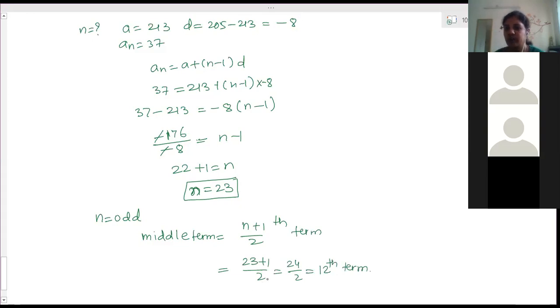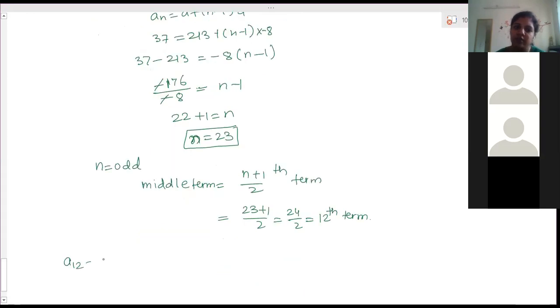You have to calculate the 12th term. a12 is equal to a plus 11d. a is 213, plus 11 into minus 8, so 213 minus 88. What is the difference? 125. So the 12th term, that is the middlemost term, is 125.